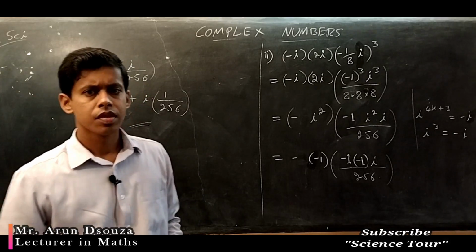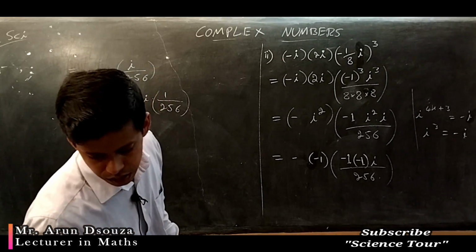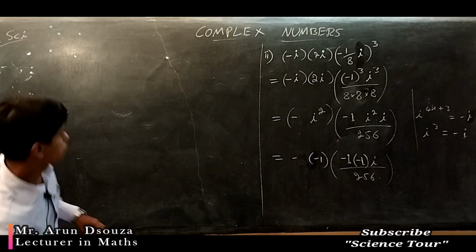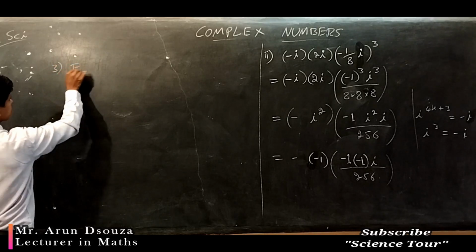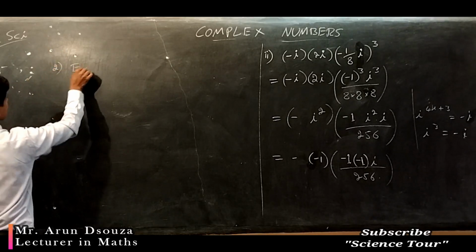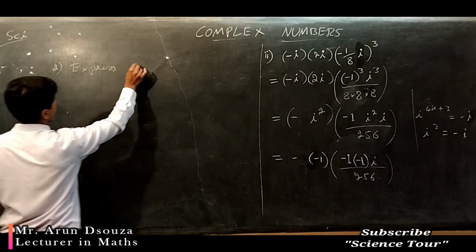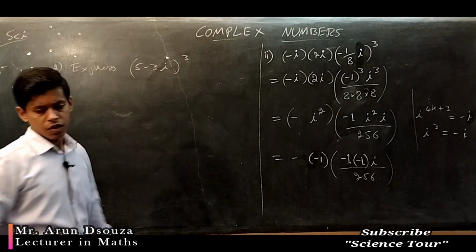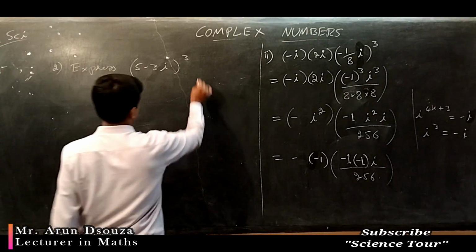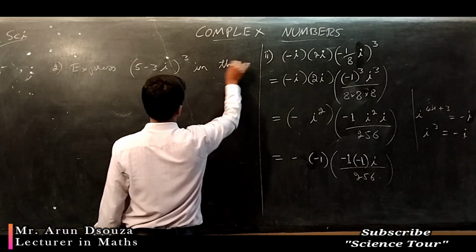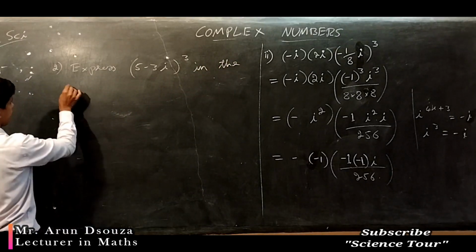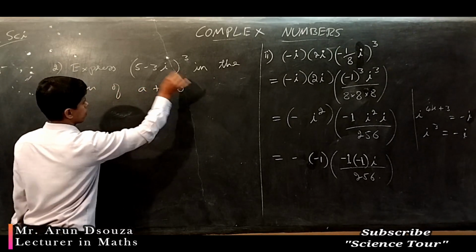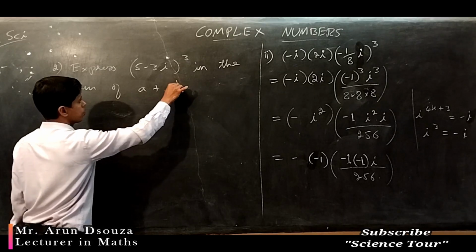The third one: express 5 minus 3i whole cube. Okay, so the next question, express 5 minus 3i whole cube, okay, in the form of a complex number, in the form of a plus ib.